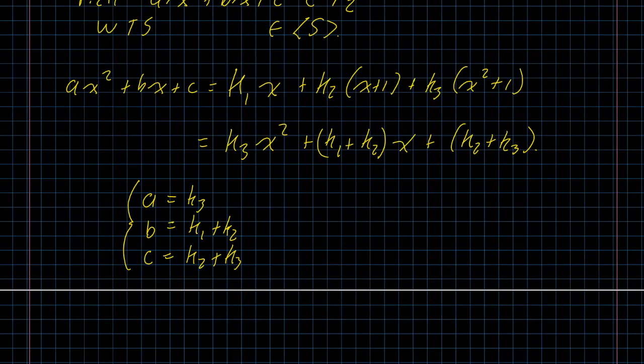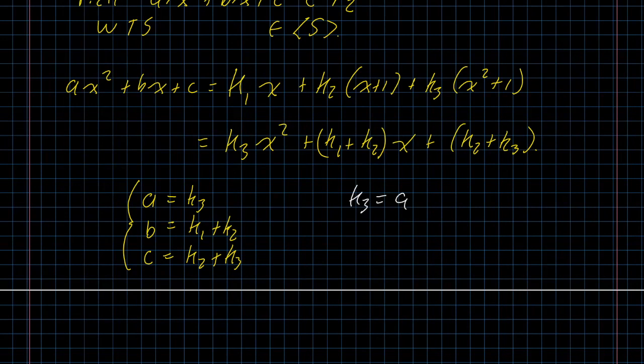We picked a particular polynomial in P2. k1, k2, and k3 are our variables. We want to know if there are values that satisfy this equation. We're not certain that they are going to be there. But as linear systems go, this is a little bit abstract because there's no numbers, but the process is actually really easy.